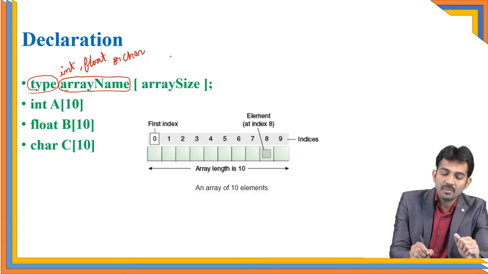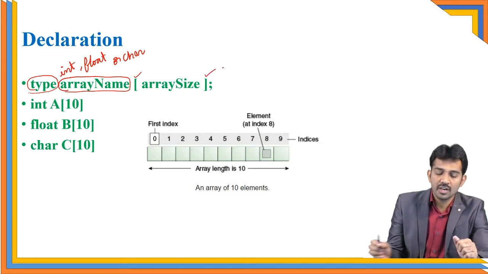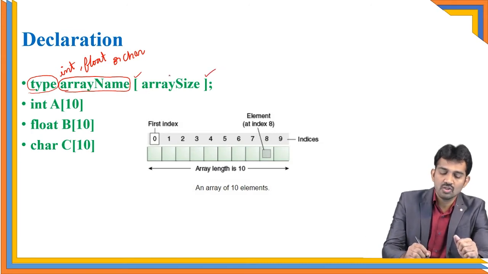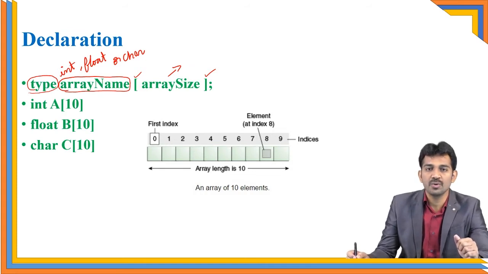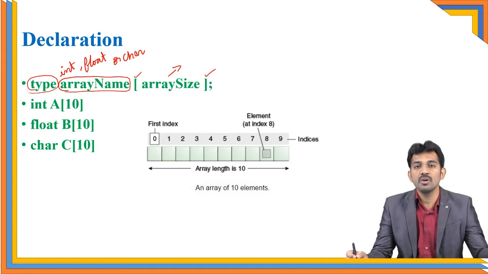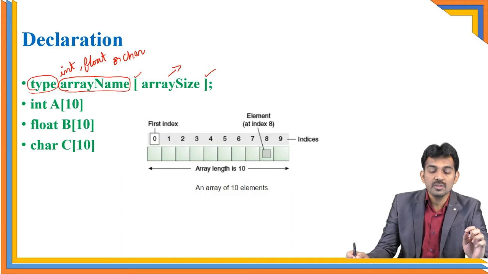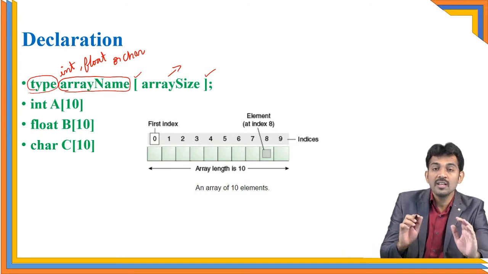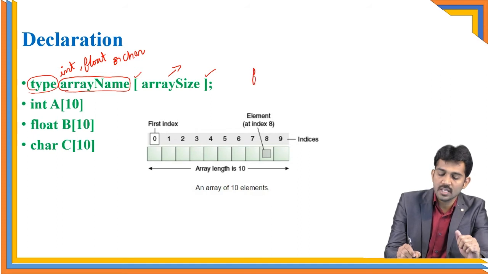Next, array brackets. These are called array brackets, or square brackets, and here we print the array size. This is the size of the array: how many elements you are going to store. For example, I want to store 500 girls' CGPA. What is the type? It is float, right?